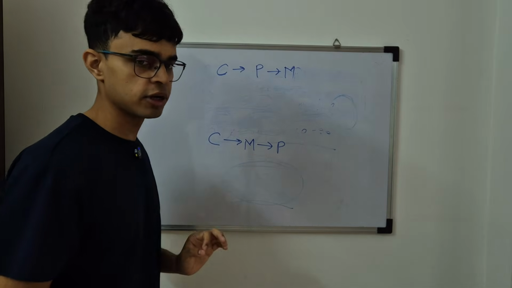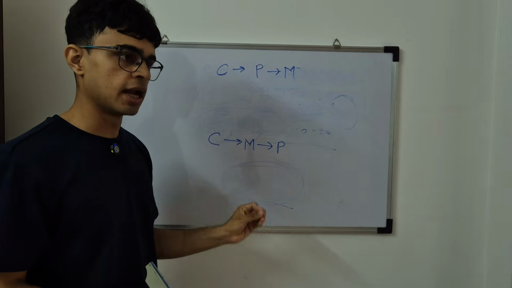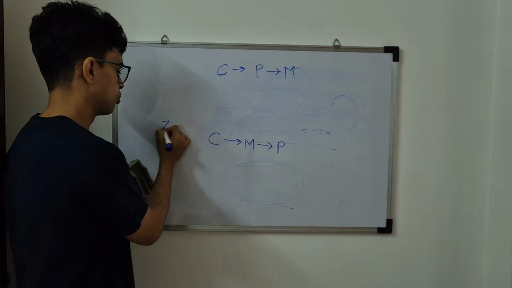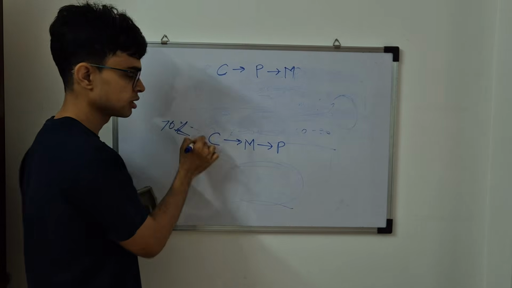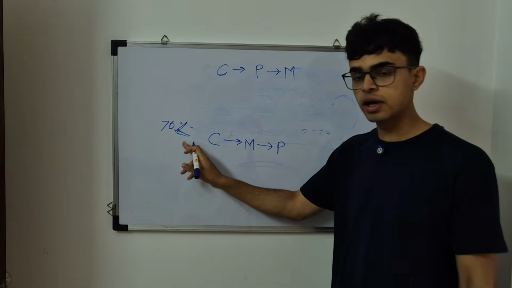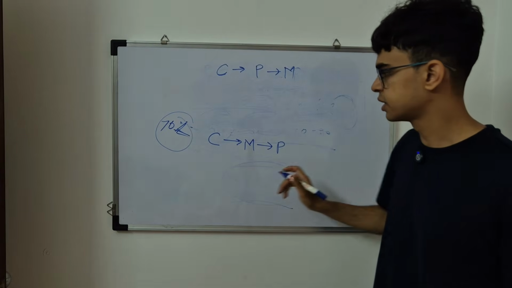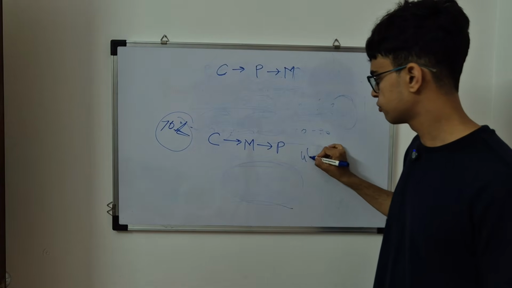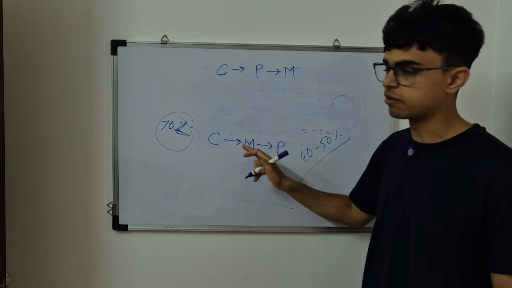Now the very important fact is, if your chemistry is stronger and you are consistently scoring more than 70% marks in your chemistry, then you should be going ahead with this particular strategy. If this is not true, then another criterion would be that more than 40 to 50% of your marks are coming from chemistry alone, like while solving papers.